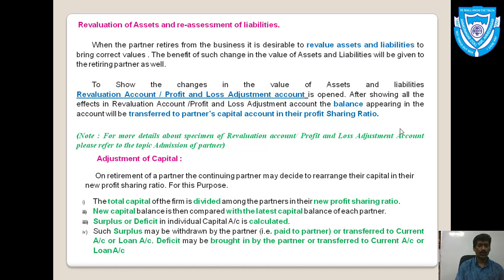Then the new capital balance is compared with the latest capital. Then if there is a surplus or a deficit, it is calculated, and if there is a surplus, it may be withdrawn by the partner or paid to the partner. Surplus असेल तर तो पार्टनरला दिला जातो, and if there is a deficit, it may be brought by the partner or transferred to current account or loan account.